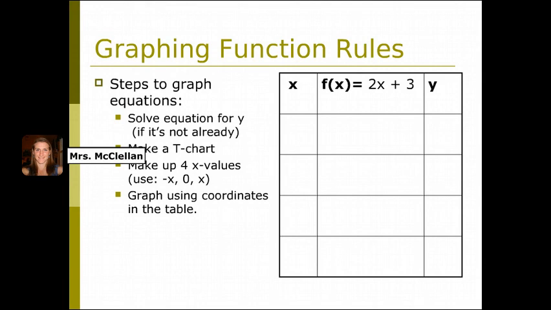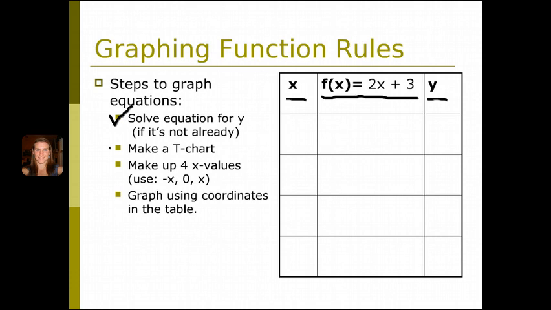Alright, so if you look on the right side of the slide, you will see our t-chart. In the first column, you have your x values. The middle column, you write the equation. And in the last column, you get your y value. Our steps to graphing the equations is if your equation's not already solved for y, you need to do that first.